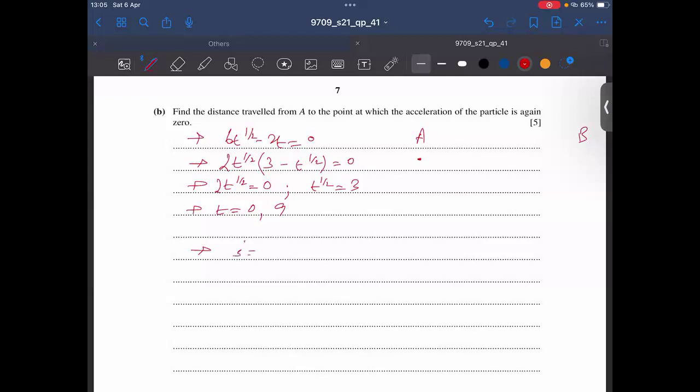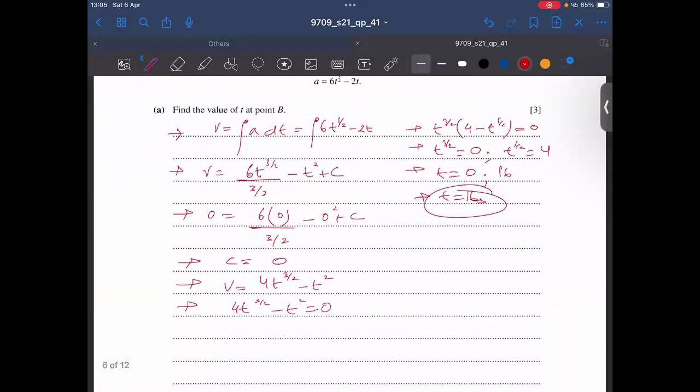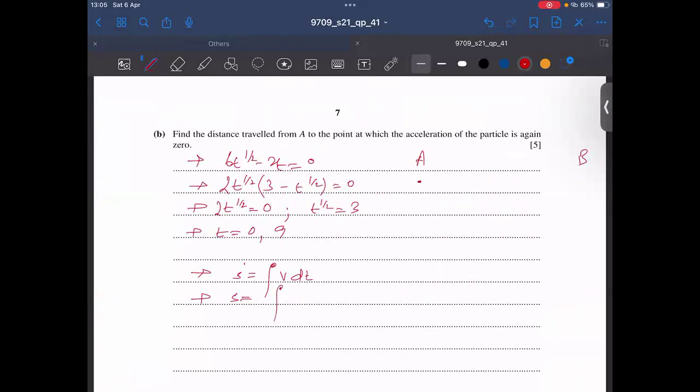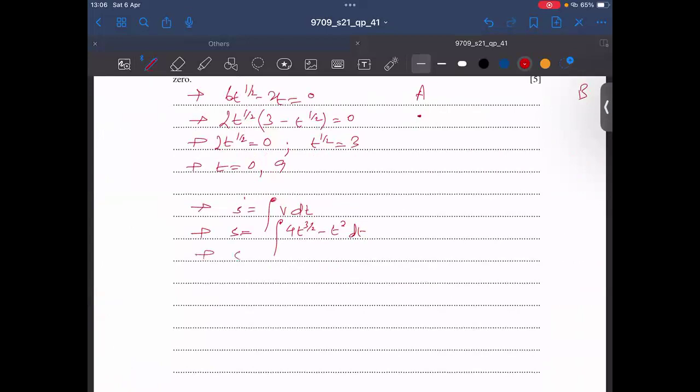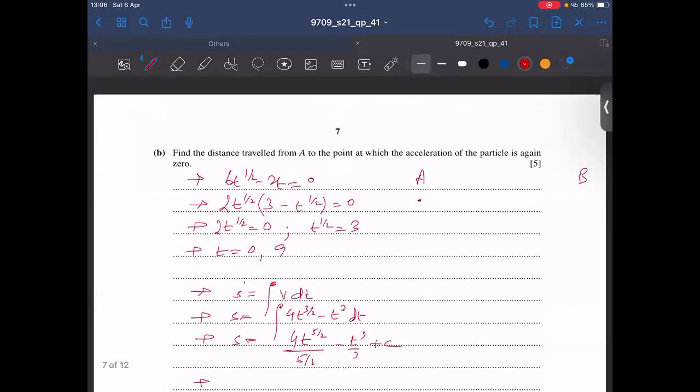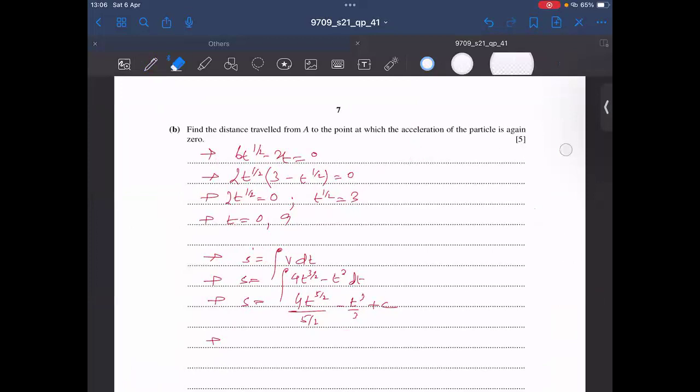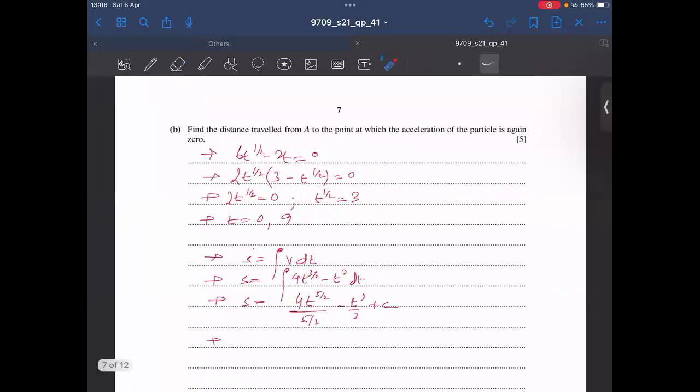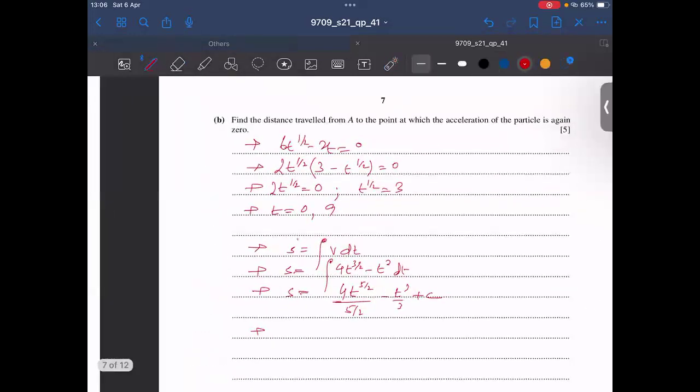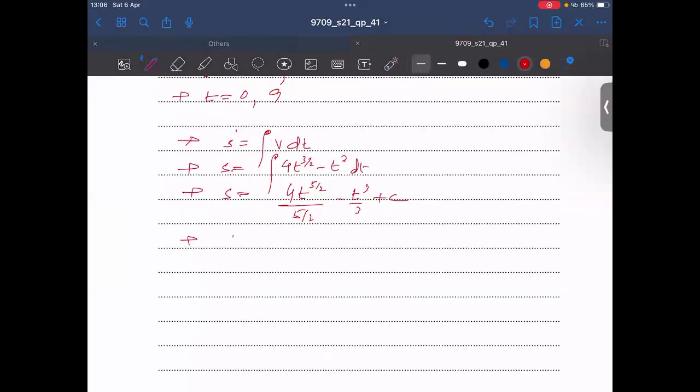Okay. To calculate the distance, I'll be taking the integral of v. And what is v? We have 4t to the power of 3 over 2 minus t square, dt. All right. And we have s equals 4t to the power of 5 over 2 divided by 5 over 2 minus t cube over 3 plus c. So now at t equals 0, the displacement is 0 because the displacement is measured from A. And when the particle is at A, the time is taken to be 0.